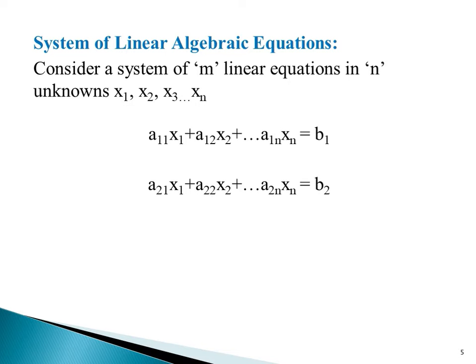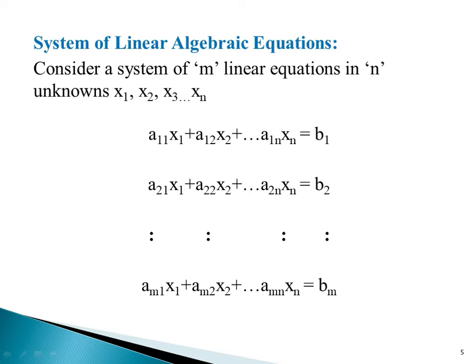Then a21 x1 + a22 x2 + ... + a2n xn = b2, and so on up to am1 x1 + am2 x2 + ... + amn xn = bm. This is a linear system.